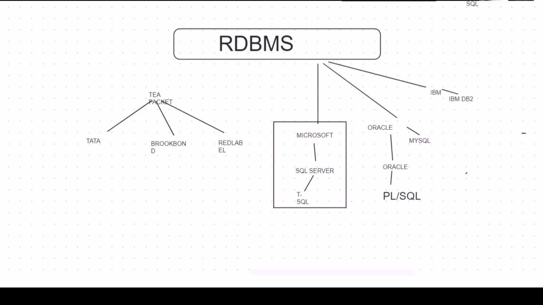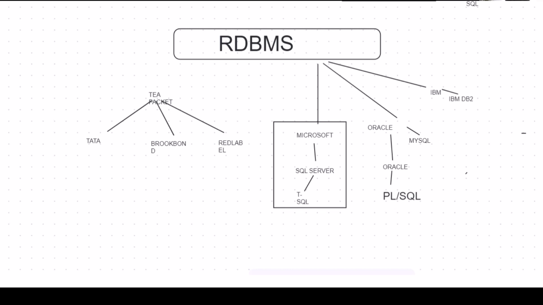So Microsoft uses this concept of RDBMS and produces its own database which is called SQL Server. I can show you here. SQL Server. You can see Microsoft has its own database called SQL Server.